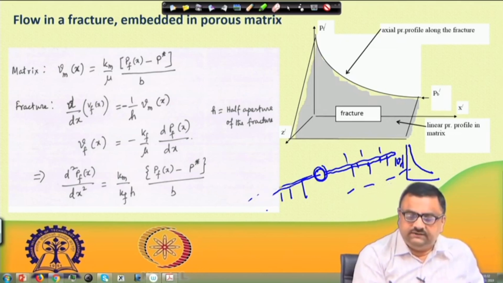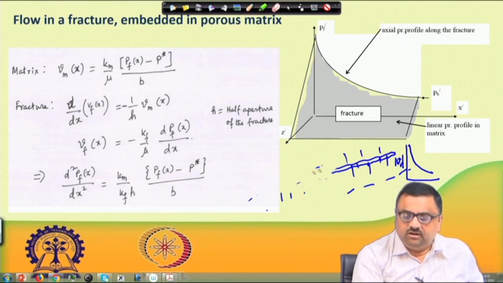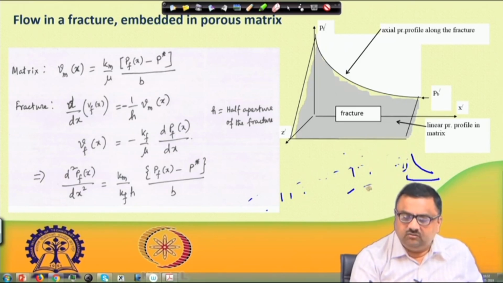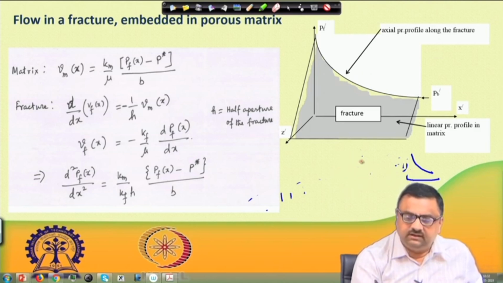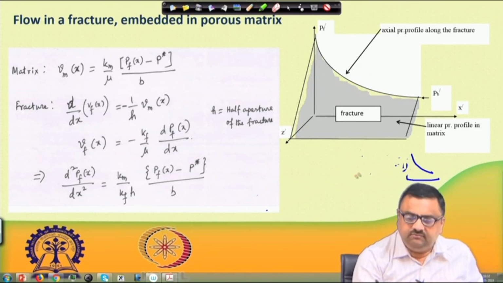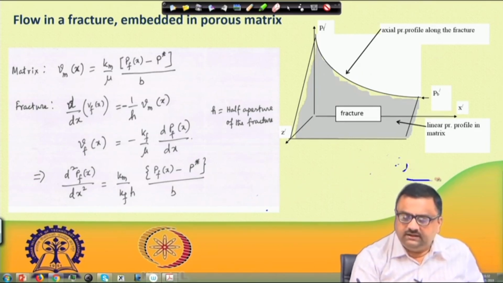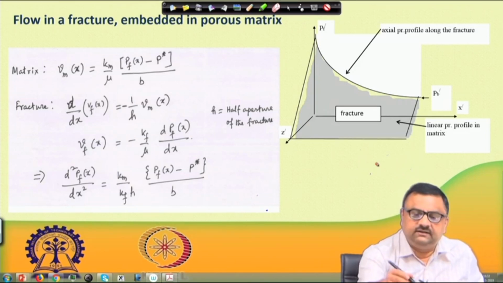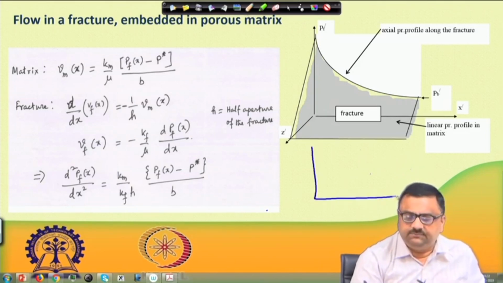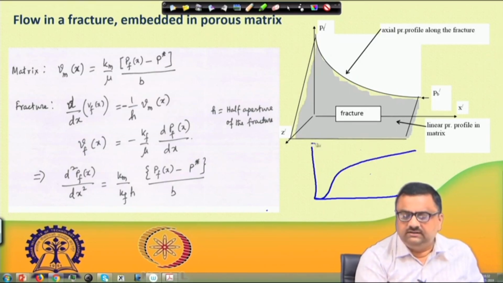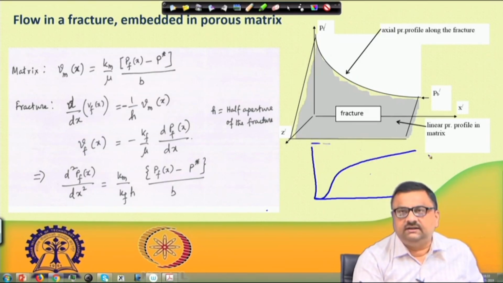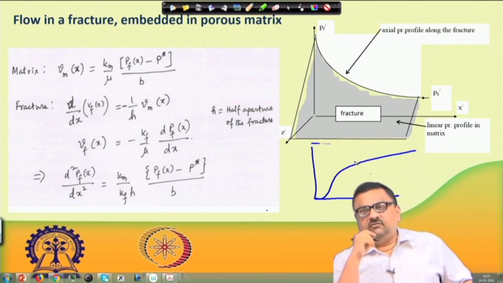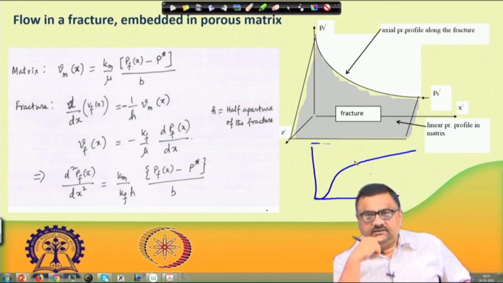I have already discussed before that if one conducts the dispersion experiment in a core that is already fractured, we would see an immediate breakthrough, and then gradually a long tailing of the response, to reach beyond 0.6 or so, and then a long tailing to reach 1.0. So, this type of profile we have already seen when there is a fracture present.